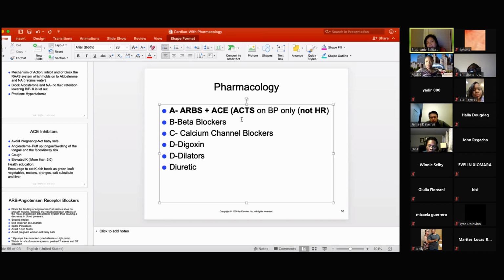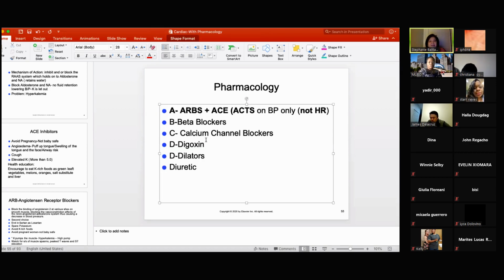All of them focus mainly on blood pressure, except the digoxin focuses on what? Heart rate, right? That's the only one; all of the others focus on blood pressure. The digoxin lowers the heart rate, right? So we will get into that more and more.